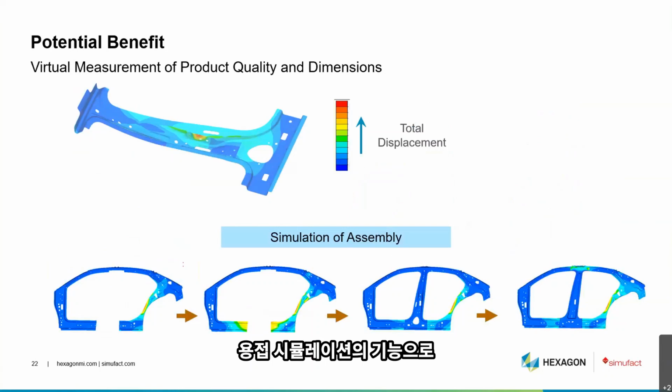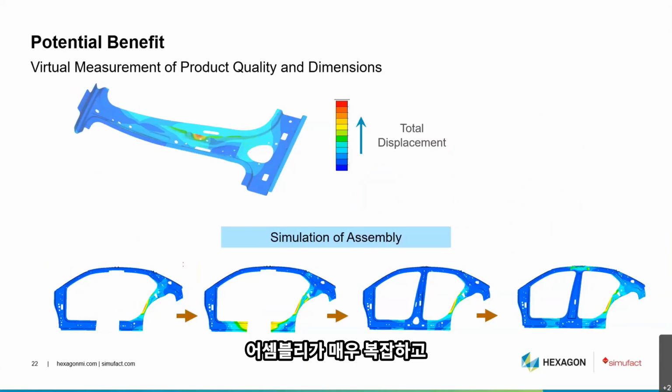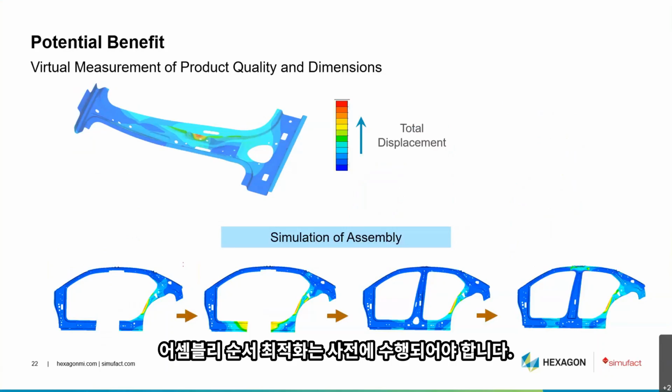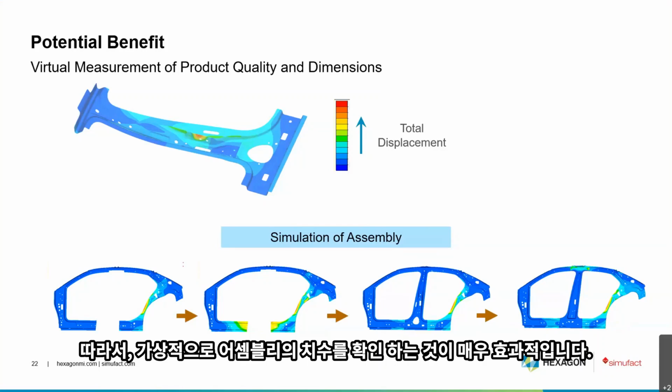With structural welding simulation, the exact real dimensions of welded assemblies are predicted, often when the examined assembly is very complex or consists of many components or smaller assemblies, as you see here. The optimum order of assembling the individual components is to be developed beforehand. At the same time, it may be very effortful to provide and measure appropriate physical prototypes.